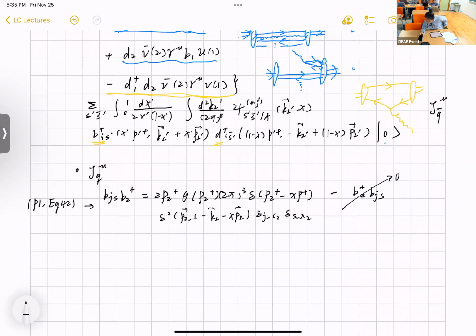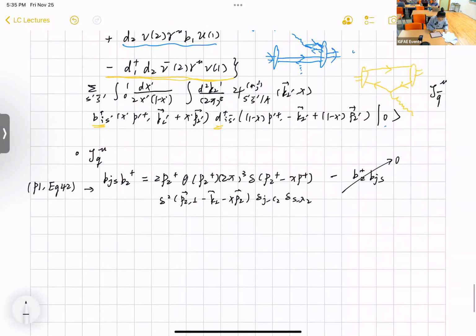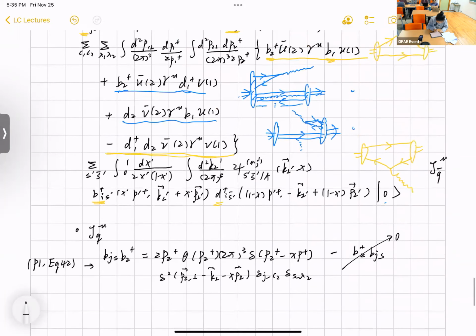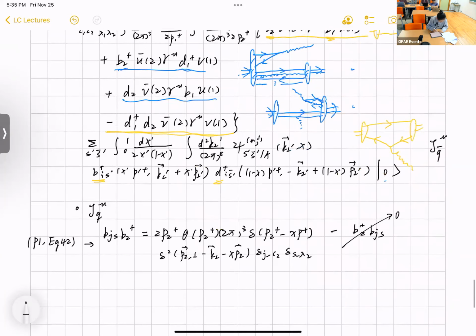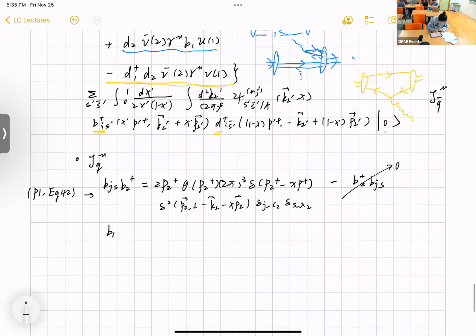I don't think I will have time to write out all of them, but you get the idea: when you contract b and b2 dagger, you get this delta function. Similarly, the b1 is contracted with the b dagger in the A meson, and this would give us the delta function on P1.